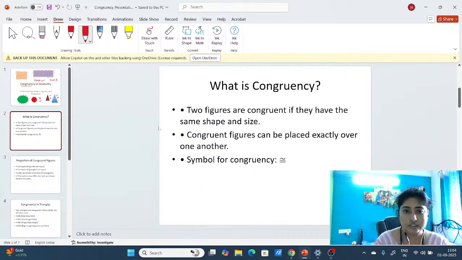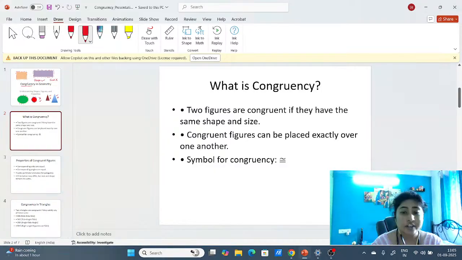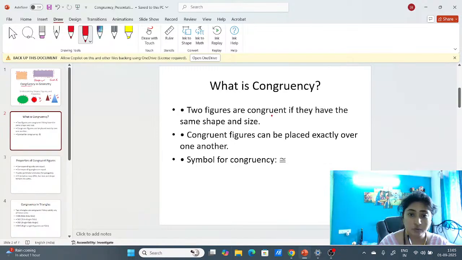So what is congruency? Two figures are congruent if they have the same shapes and size. Congruent figures can be placed exactly over one another. It means if you have a triangle like this and you place another triangle on it, it should be completely covered.